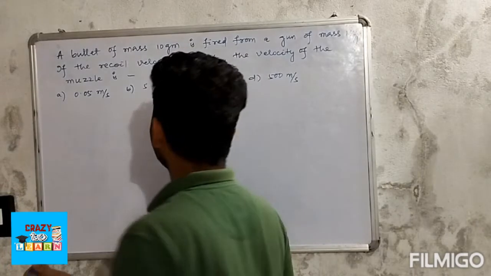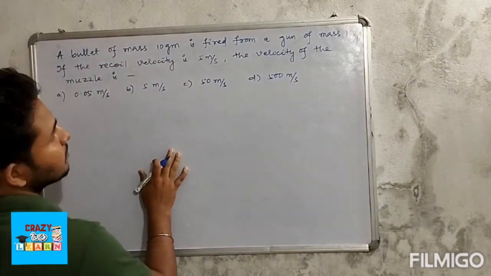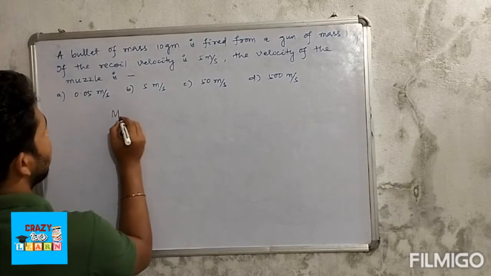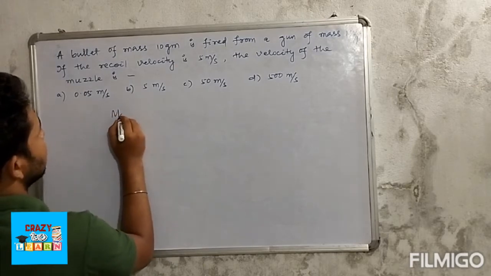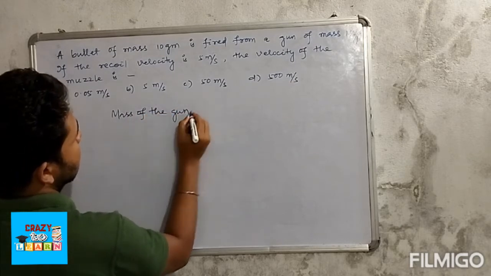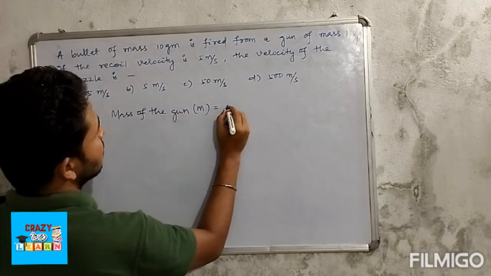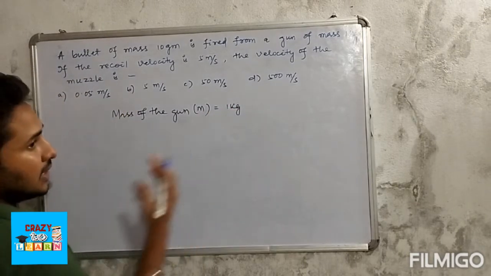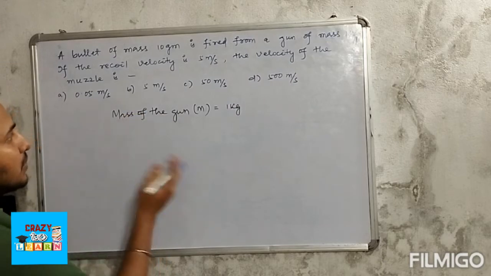So first note down the given things. What we have? The mass of the gun. If you take capital M as the mass of the gun, it is equal to 1 kg. Recoil velocity means it is the velocity of the gun.